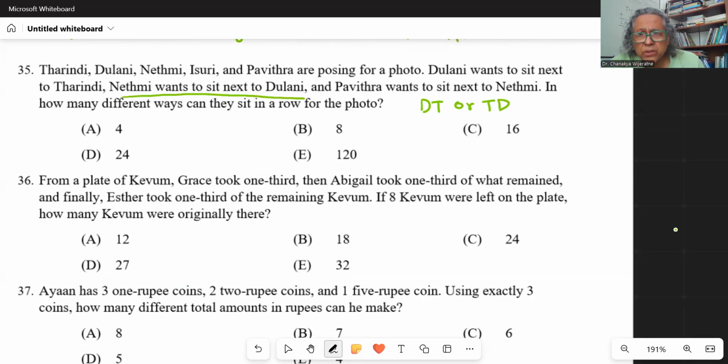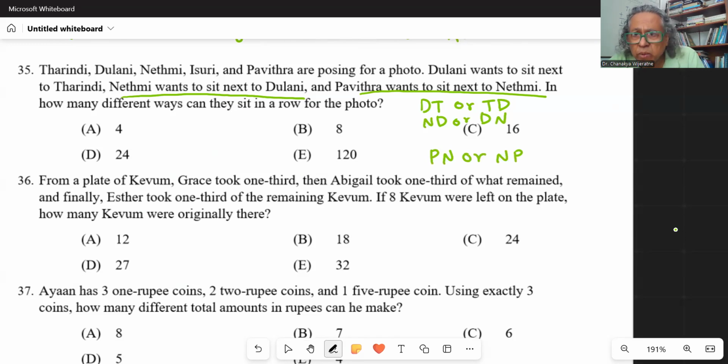So ND, or DN, right? And then Paitra wants to sit next to Netmi. So PN or NP, right?